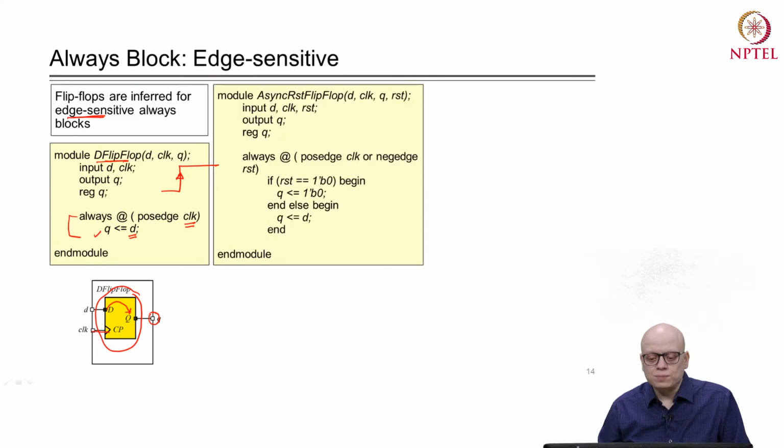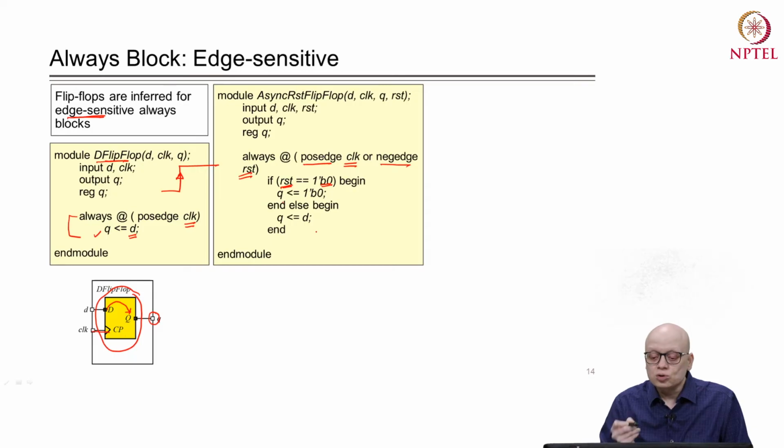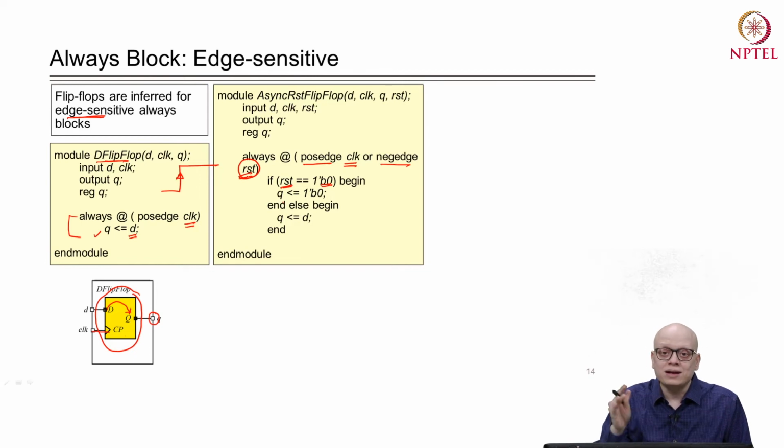Now, let us take another example in which the always block is sensitive to both the clock signal and the reset signal, that is, to posedge clock and negedge reset. So, when reset takes a value of 0, then Q is assigned a value of 0, otherwise Q is assigned the value of D. Note in this case that clock and reset can appear independent of each other, and therefore this reset signal is an asynchronous reset, meaning that it can come anywhere during the clock period and it can reset the flip flop.